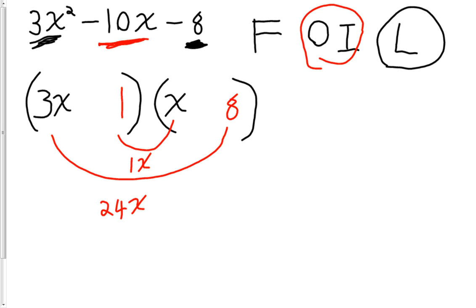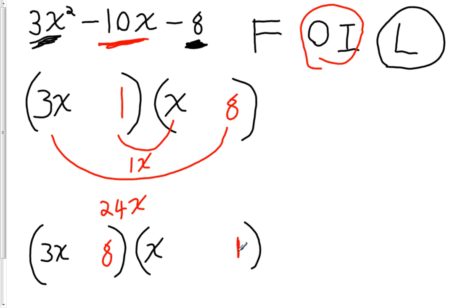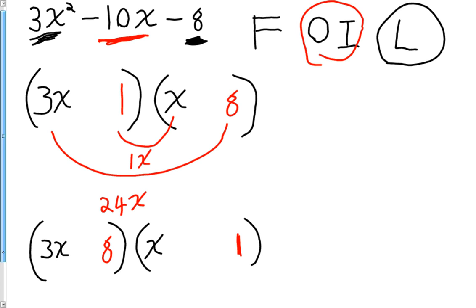So what I want to do next is try another factorization that has a 3x and an x in the first two positions and factors of 8 in the second two. Suppose I put this 3x here and the x here, which is fixed. And now instead of putting a 1 in the first parenthesis and an 8 in the second, I reverse that and put an 8 here and a 1 here. If I do that, let's see what I get for outside, inside.